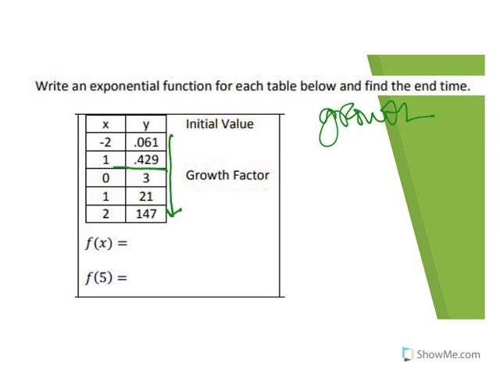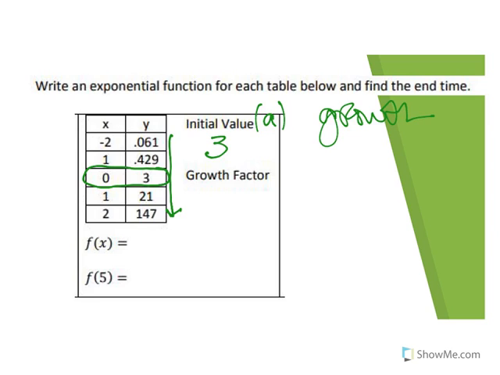So over here, our initial value or y-intercept, or a, would be the 3 because it's with the 0, where x is 0, okay? Our growth factor, and just so you know, it's called a growth factor or a multiplier, whether it's going up or going down, okay, is we need to figure out what are things being multiplied by.